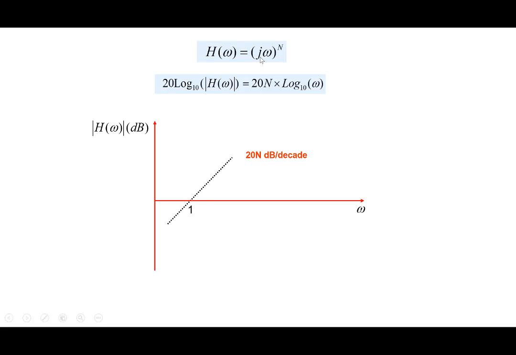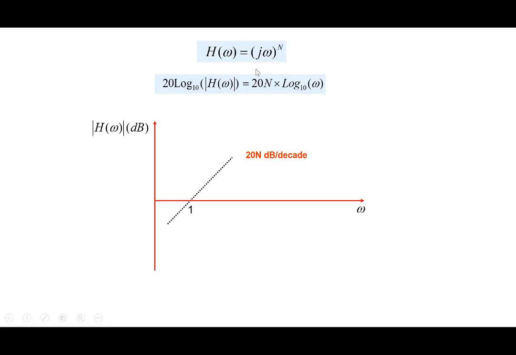So whenever you see a term like this, (j omega) to the power n, the reason why I put 1 here is because I can write it as j omega by 1. So at omega equal to 1, this particular term contributes 0 dB here, right? And if I had omega by 10 here, then at omega equal to 10, we would have had 0 dBs here.